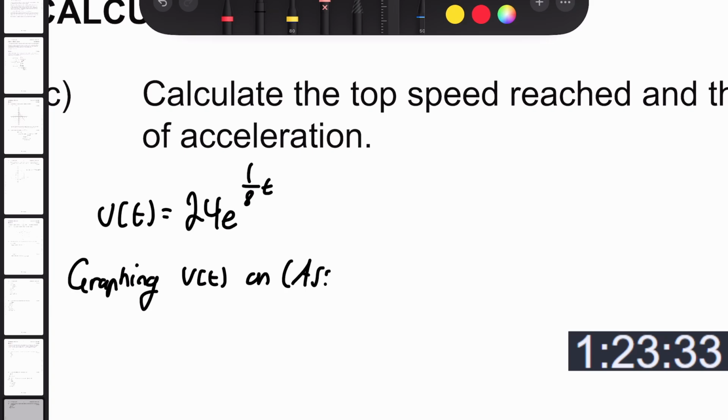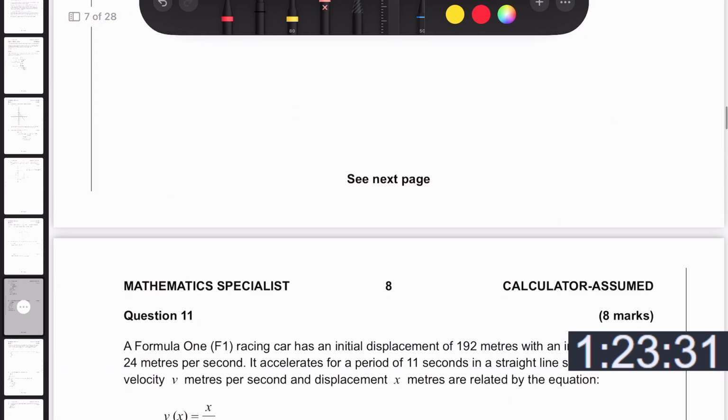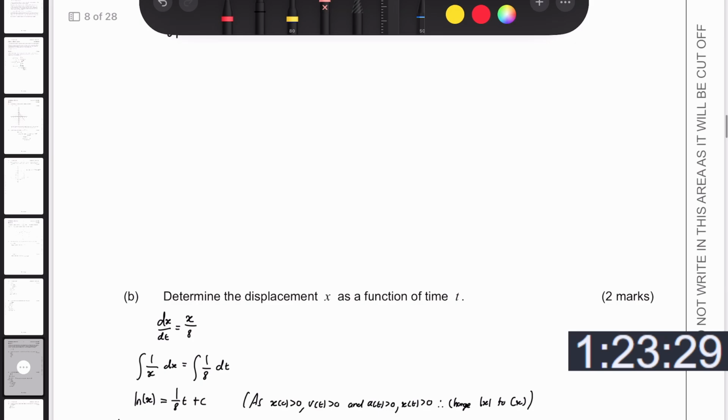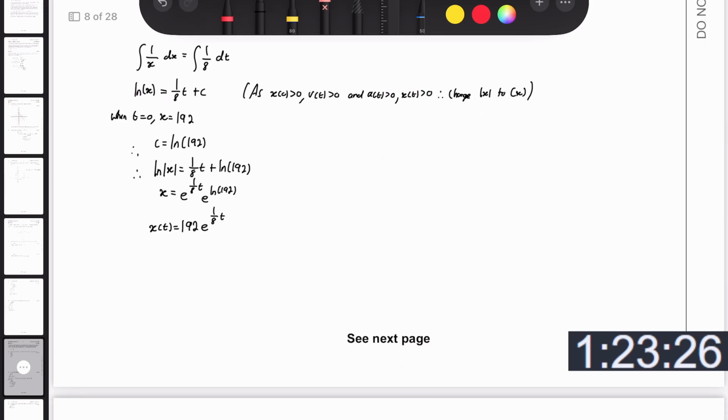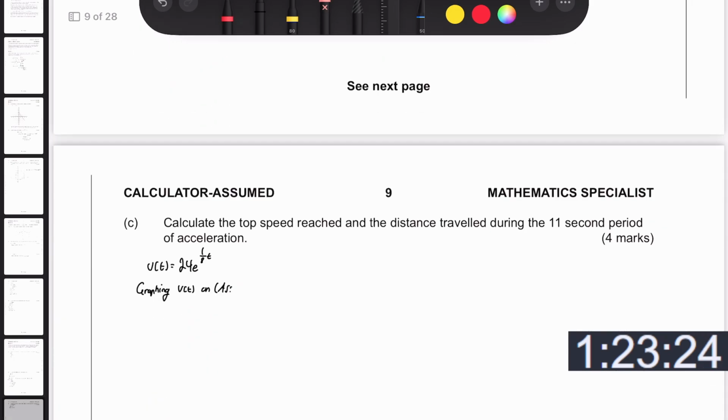Just change my bounds. 0 to 12 for the x, and then 0 to 200 for my y. And then I want to say this is given that 0 is less than or equal to x, less than or equal to 11.